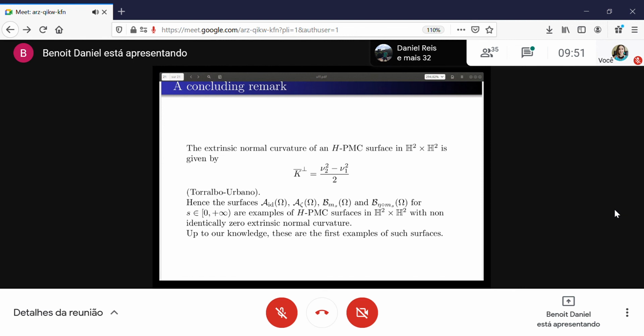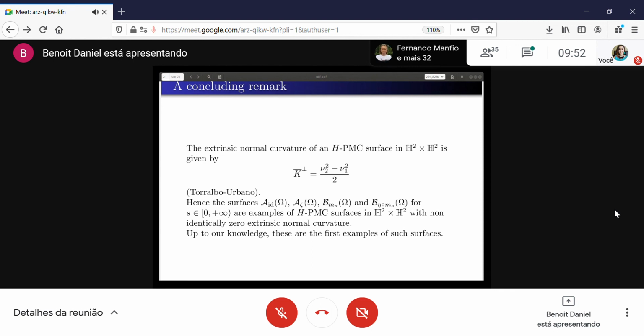Do you use some structures of the product space to transform the normal vector of the surface? Since your mean curvature is not zero, you have a parallel normal vector field, right? Exactly. So what's the difference with the examples of this one?